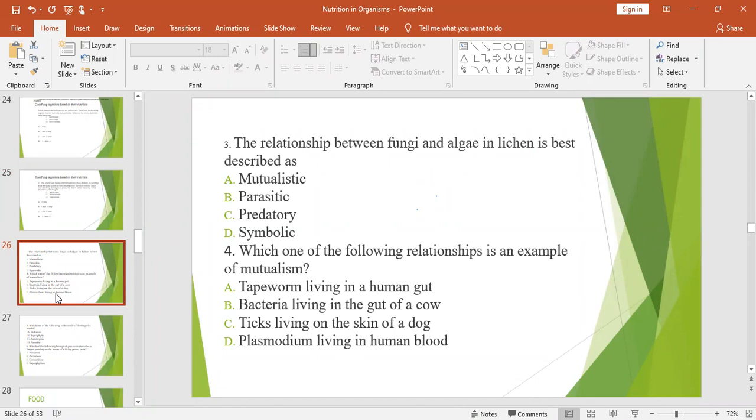The relationship between fungi and algae in a lichen is best described as, okay? In lichen. Okay, the alternatives are?